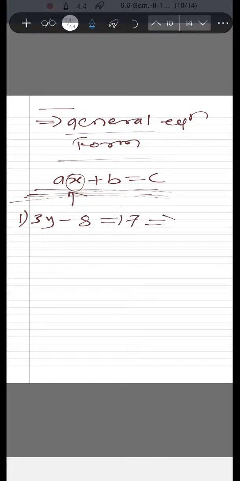Then find the value of y. So y is the variable here. How can we solve that? It's very easy. First of all you have to rewrite the equation. Then 3y is equal to 17.